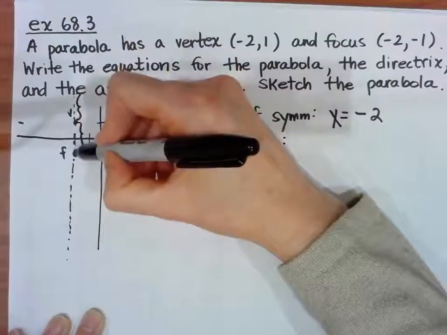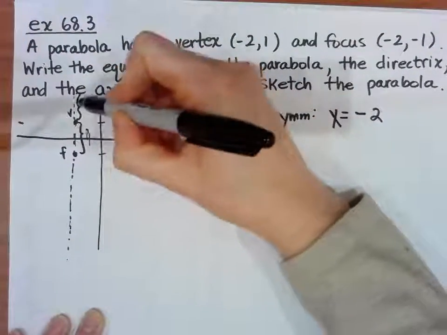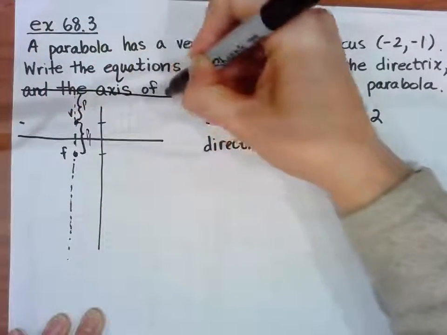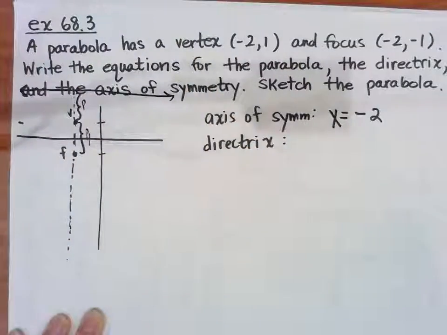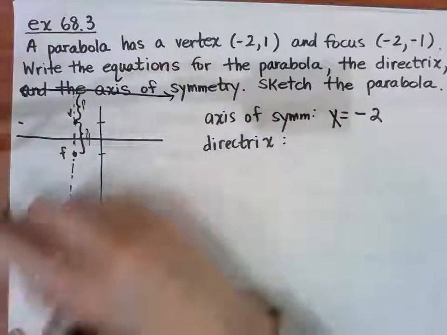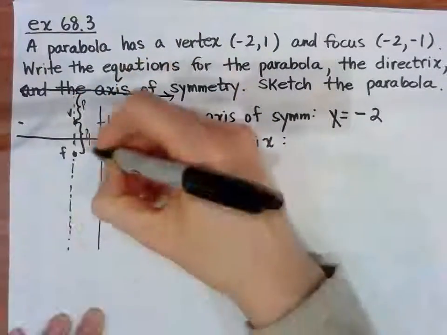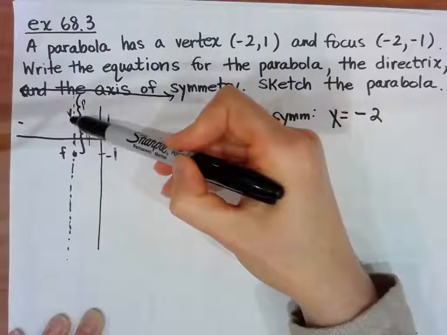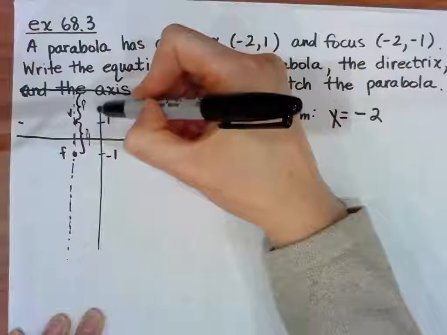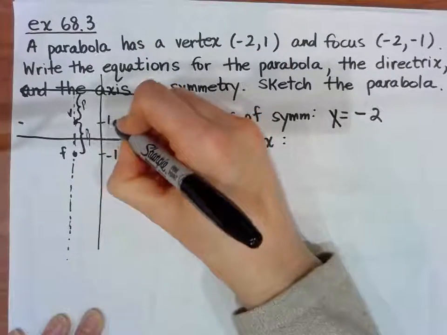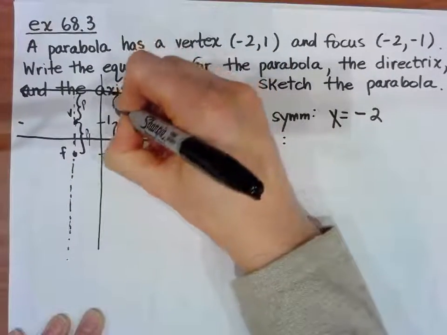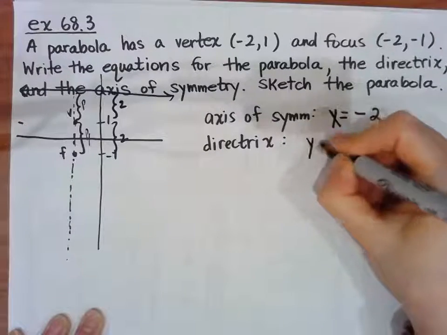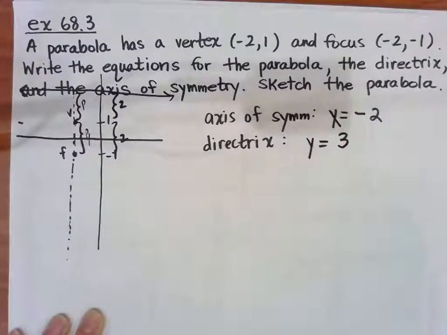So if this is length p, this also has to be length p, and your directrix has to be up here somewhere. Okay, so where is that at? This is 1, this is negative 1, so this distance is 2, so this distance also has to be 2. So that means the directrix is at y equals 3.